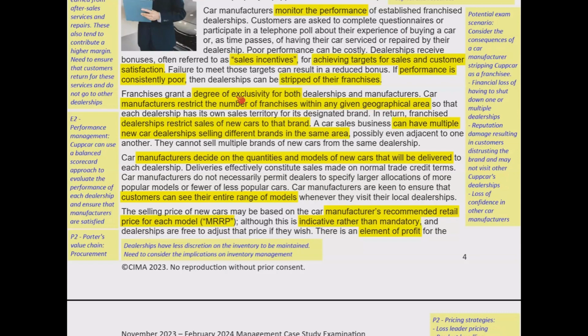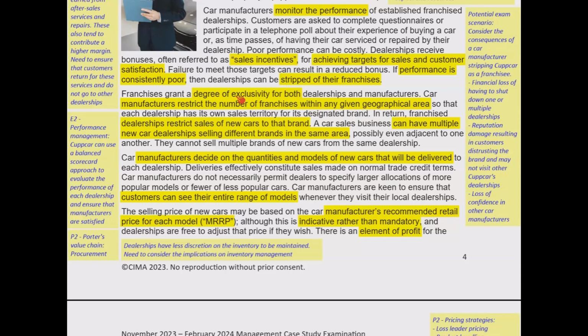So they will give an area around which the dealership is based where no other dealer will be able to set up a dealership selling the same make of car. So that's good for the dealer. They've got an exclusivity of a certain number of kilometers around each dealership that they have.